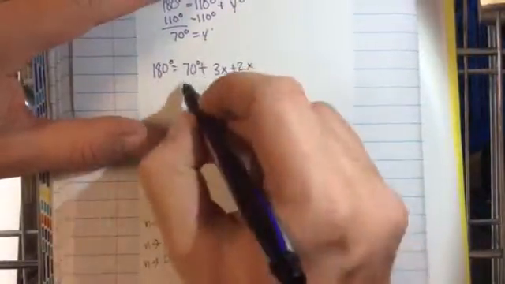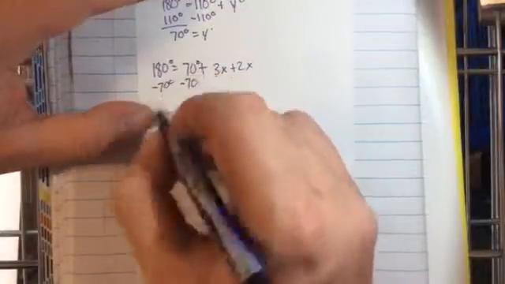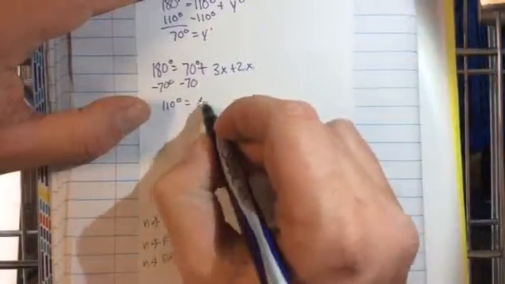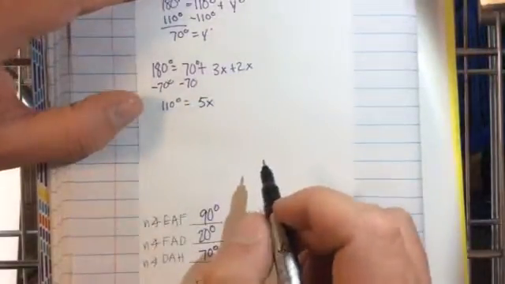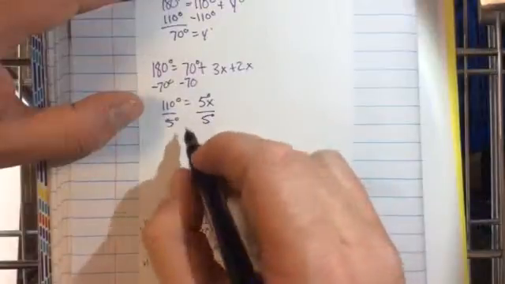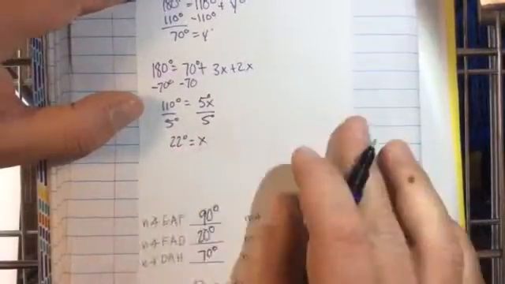Okay, so now we need to solve for x. So we subtract the 70 over, and as Colin said, 110 degrees. 3x plus 2x is 5x. If we're solving for x, we divide by 5. 110 degrees divided by 5 equals 22 degrees. So x equals 22 degrees.